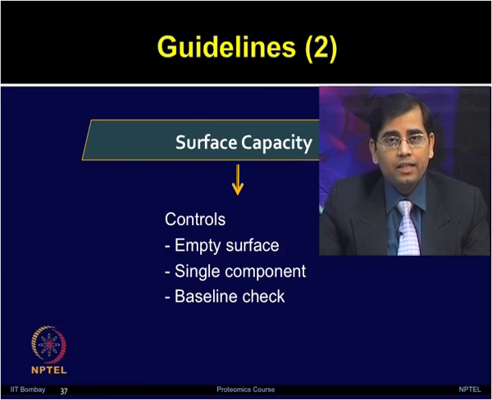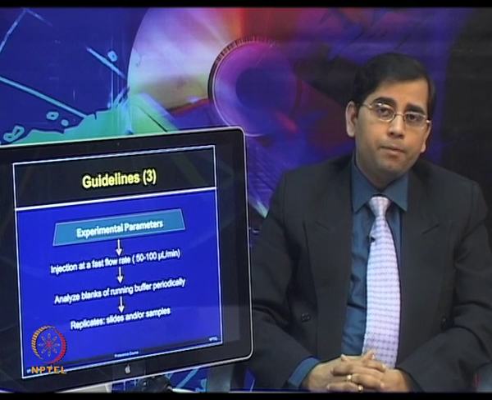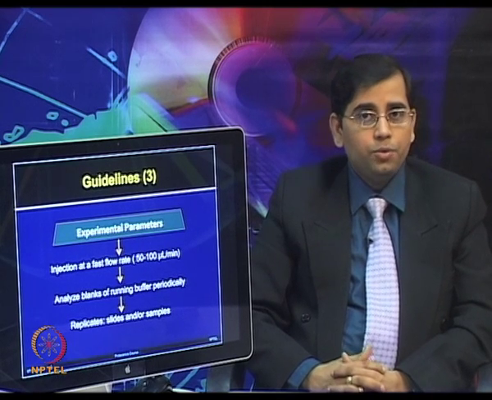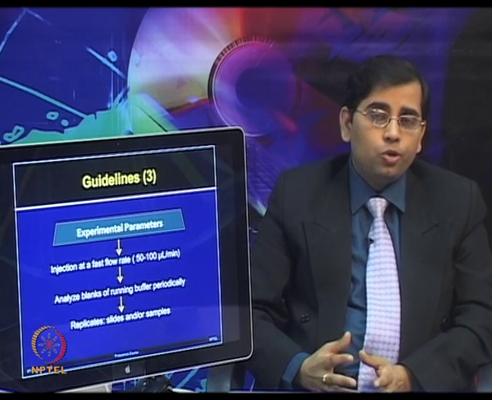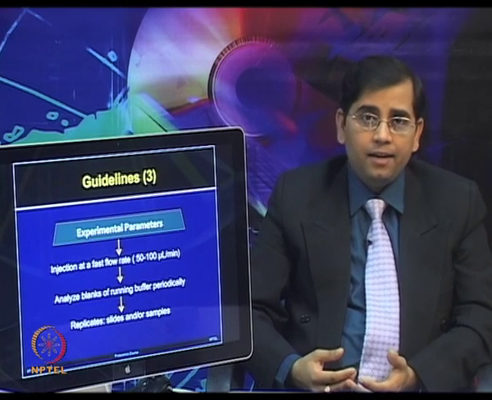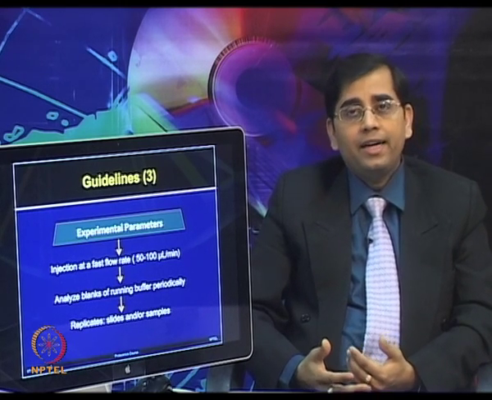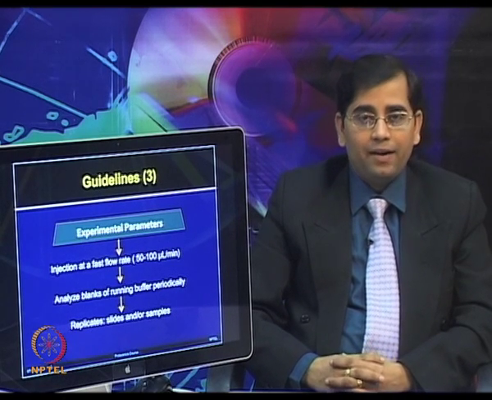If the sensor surface capacity is low, that can help to minimize issues such as mass transport, aggregation and steric hindrance, etc. There are various experimental parameters one needs to keep track of. For example, how slow or fast the injection rate should be. Ideally, fast flow rates can minimize mass transport type of artifacts.